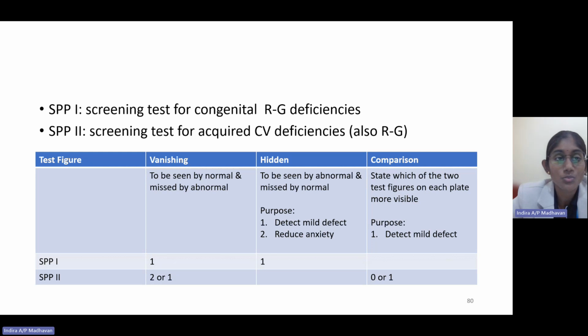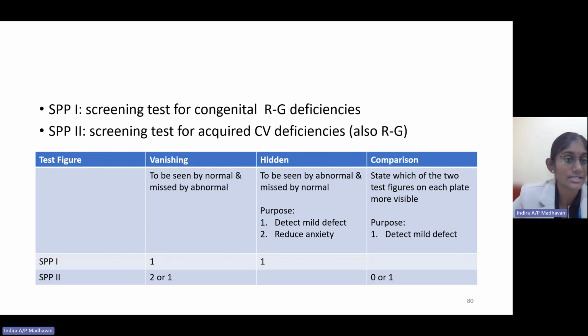SPP1 is a screening test for congenital red-green deficiencies. Ishihara is for red-green also. SPP1 is for red-green. SPP2 is for acquired color vision deficiency, which is blue-yellow, and also for red-green. So SPP2 is a more complex version of the color vision test that we have in booklet form.